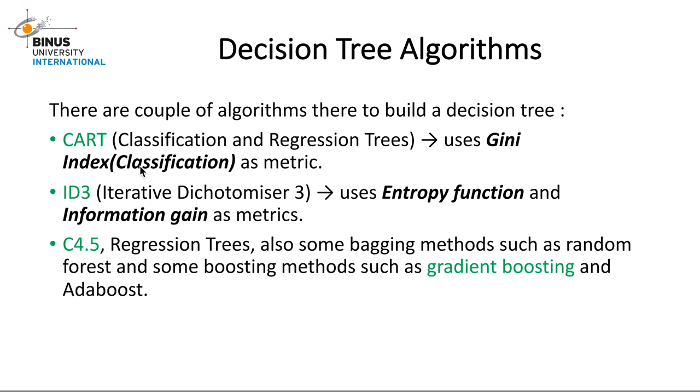CART uses the Gini index and ID3 uses the entropy function and information gain. So we're going to talk about ID3. The other decision tree algorithms include C4.5, regression trees, and random forest. We can use gradient boosting as well, and AdaBoost.